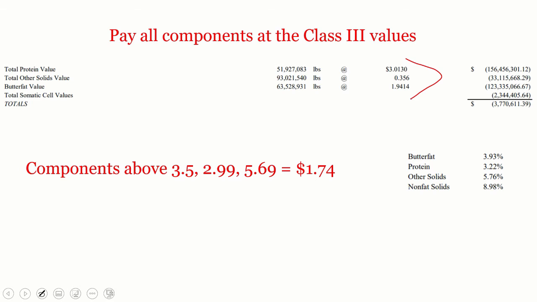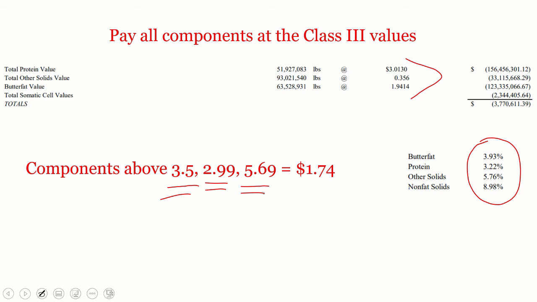But the bottom line is we know that the components of the pool are 3.93 fat, 3.22 protein, 5.76 other solids. And the important number is, what is the value of those components above standard 3.5, 2.99, and 5.69?